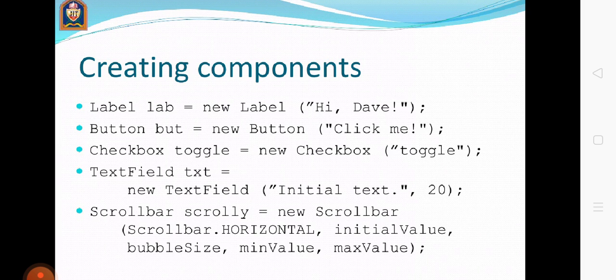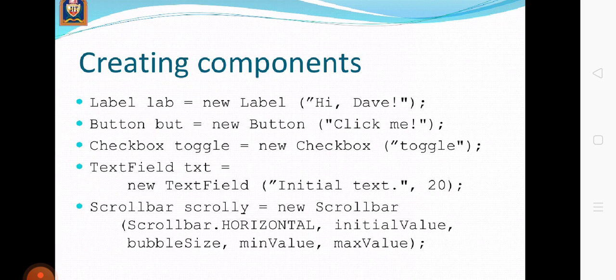Button but equal to new Button, and the caption of this button will be click me. And then we have declared a toggle object which is of type Checkbox, and it will have the caption toggle. And then a text field is defined as a text object, and this text object will have initial text of size 20.